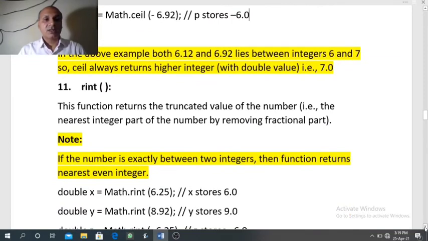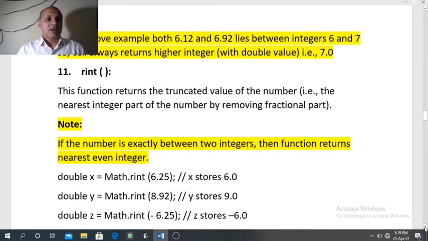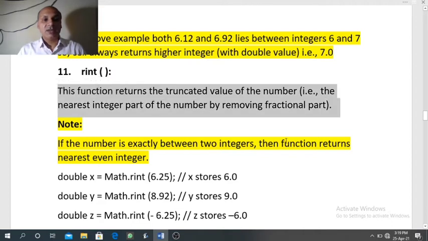Now the rint function. This function is similar to round that we have studied just before that. Here we will do the round off. Only the difference is round function returns integer value, rint function returns double value.